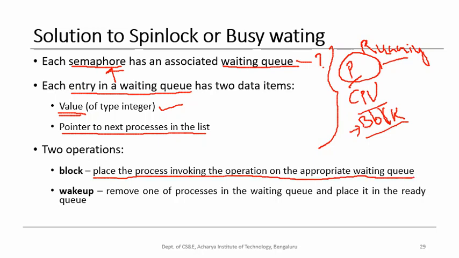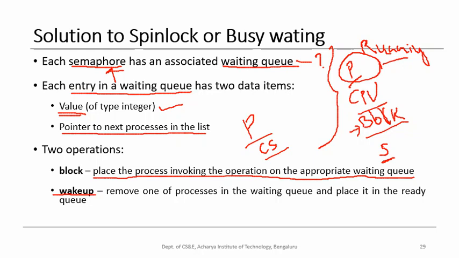This waiting queue corresponds to a particular semaphore. If one of such processes has to be woken up for execution when some process P is done executing the statements in the critical section, the process can use wake up.